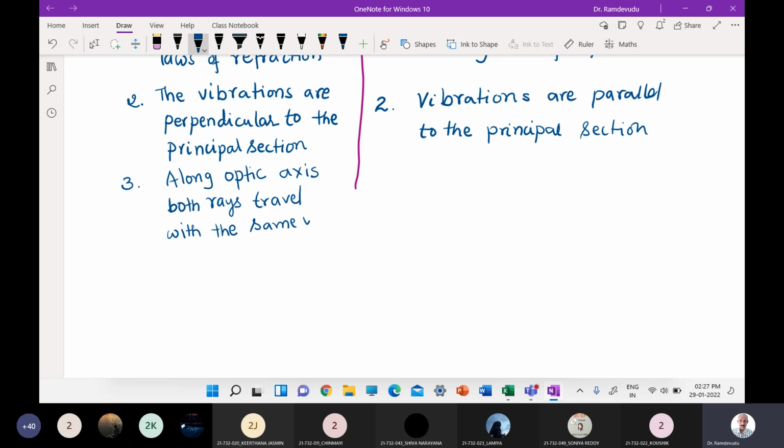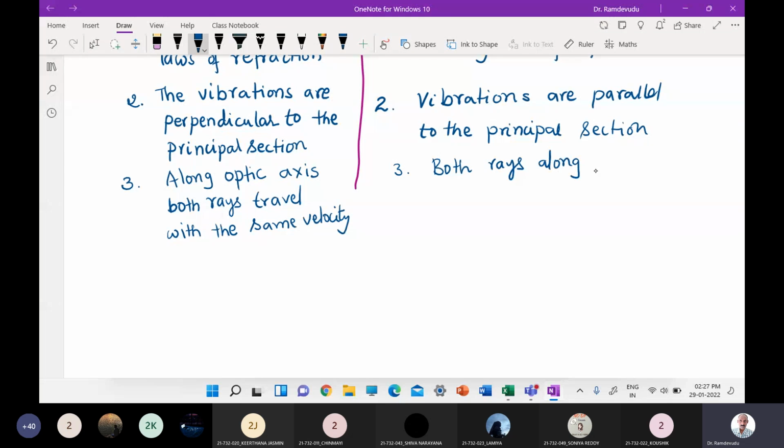So the third point is the same. That means along the optic axis, they don't show the difference. Both rays along the optic axis have the same velocity.